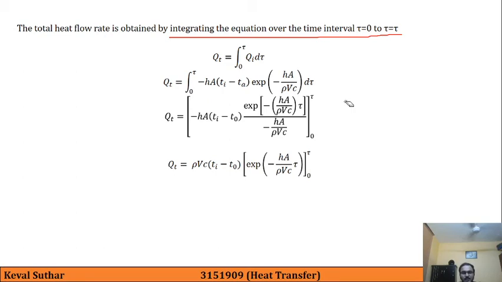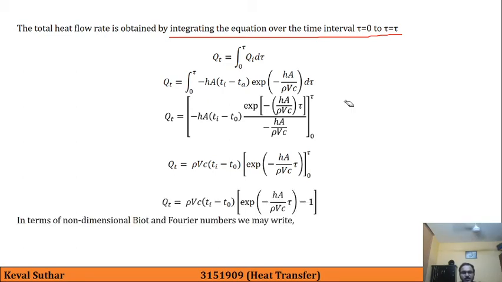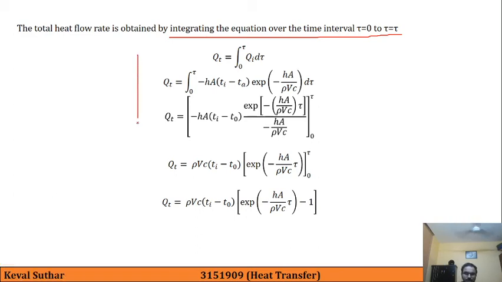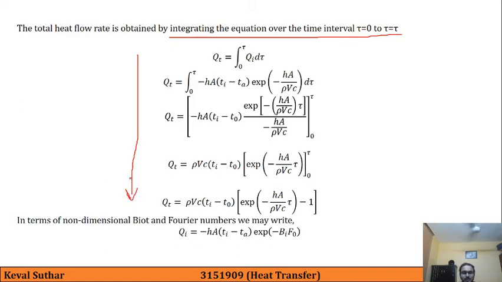So these are very easy mathematical steps. So I will suggest you to do this entire portion by yourself. It is simple mathematical integration, and we can also write this in non-dimensional Biot number and Fourier's number in this way.